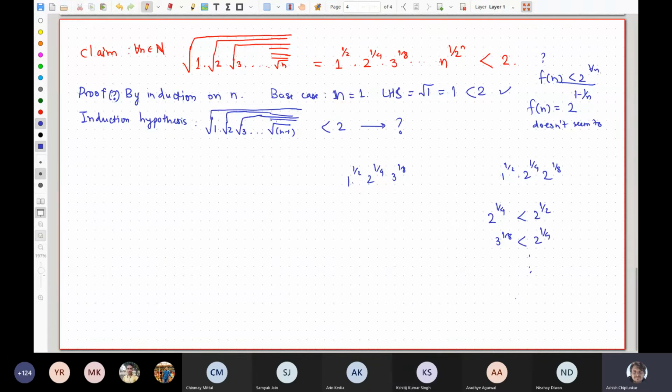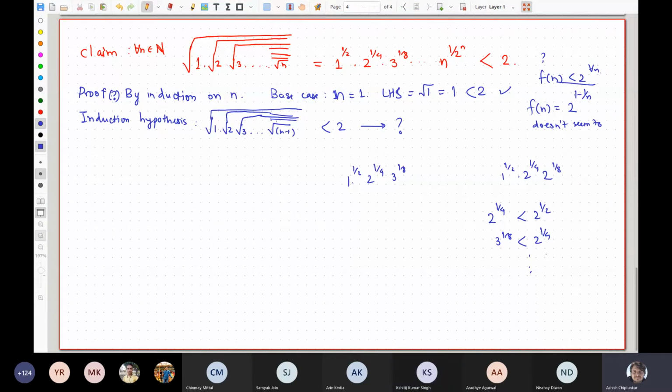Is this what you're trying to do? Yes, sir. Suppose you take 2 to the power 1 by 4, then I am converting 3 to the power 1 by 8 to less than 2 to the power 1 by 4. So I take them and say that the product of these two is less than 2 to the power 1 by 4. I understand what you're trying to say.